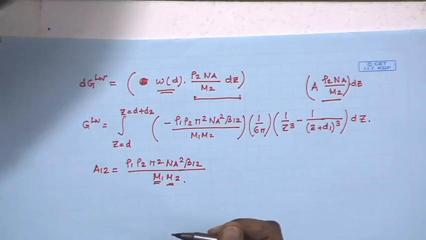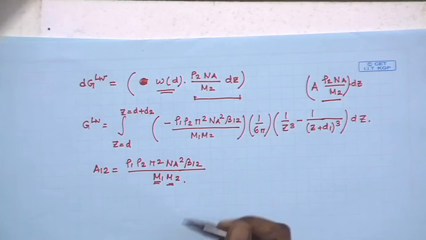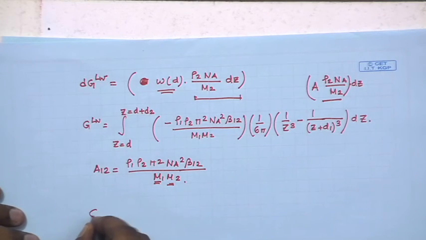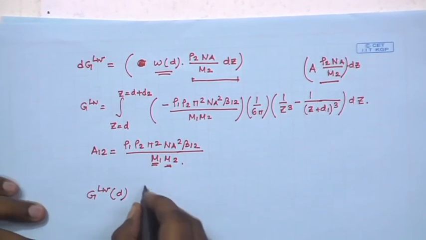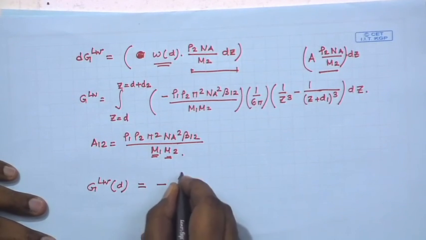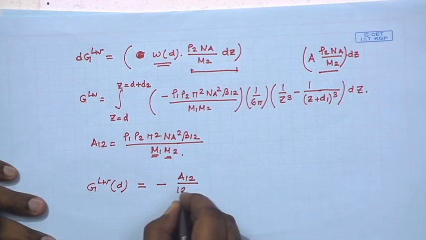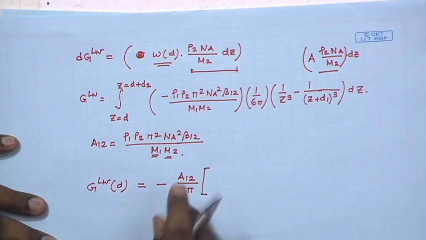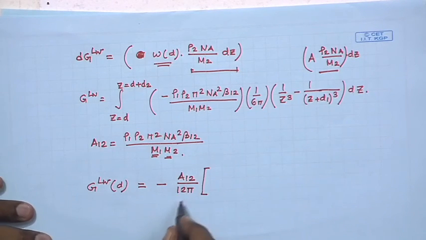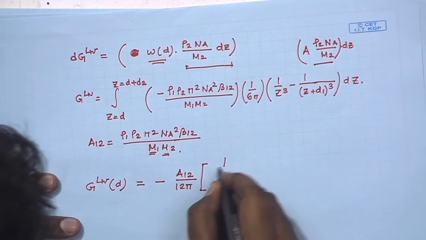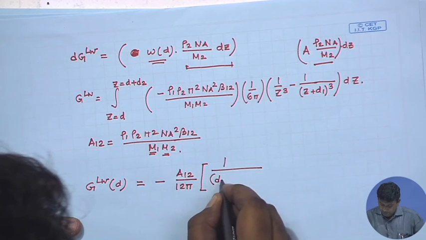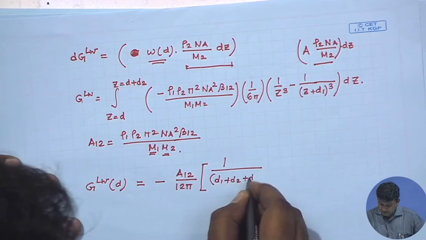So, the expression that we get after you perform this integral is GLW as a function of the separation distance, minus A12 divided by 12 pi. Please remember this 12 comes from the integral, it has nothing to do with the 1 2 we are writing here, and that gives you d1 plus d2 plus d whole square.